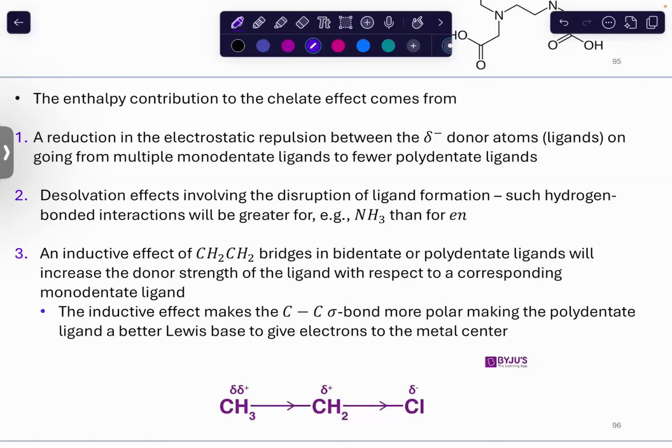What's the ligand donating to the metal? Electrons. Yeah. You're getting stronger electron donation because the CC sigma bond becomes much more polar when it's in a polydentate ligand system, which makes it a better Lewis base.